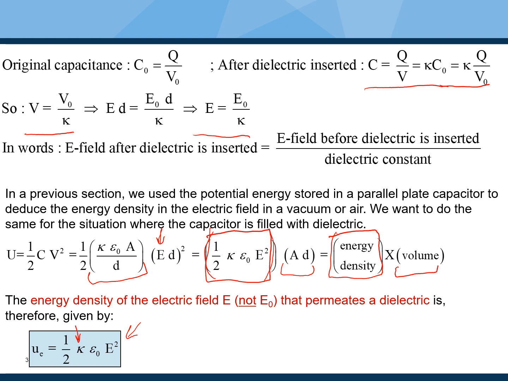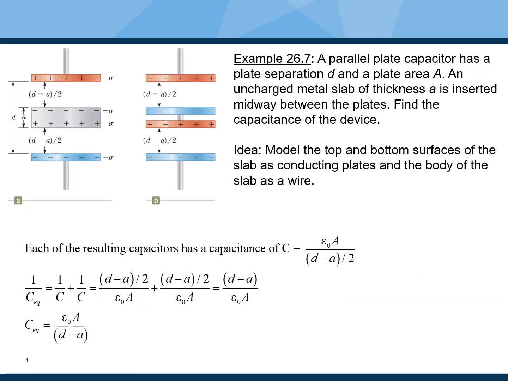So with this important insight, we're now ready to go ahead and solve some interesting problems. This first problem essentially tells us to initially imagine that this conducting slab is not present.